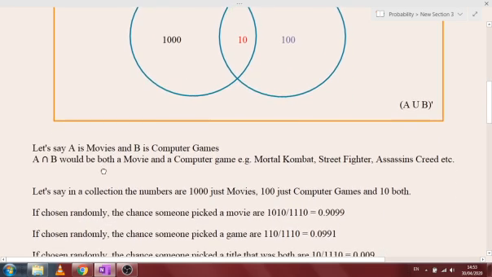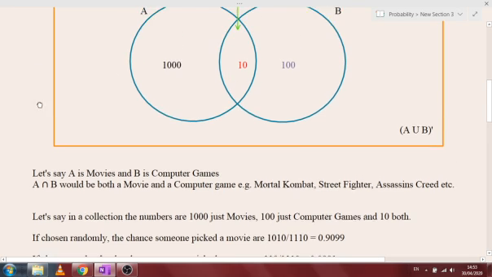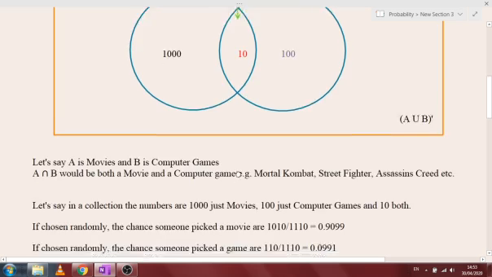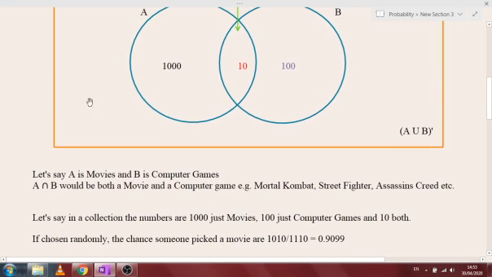If we choose randomly, just like before, the chance of someone picking a movie, since movies are A, would be 1,000 plus 10, so 1,010 out of the total. If someone chose randomly, the chance they picked a game would be the 110, those both, out of the total group. And if they chose a title that was both, that would be the middle section out of the combined 1,000, 100, and 10.